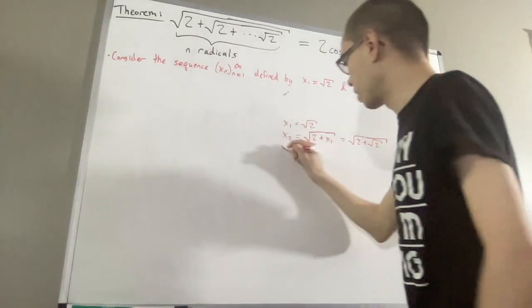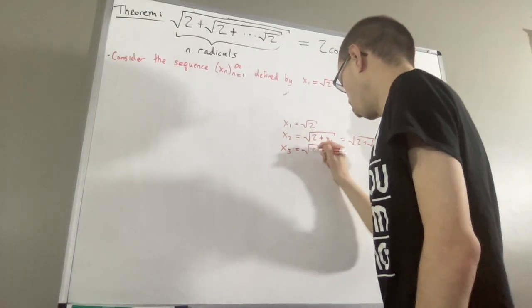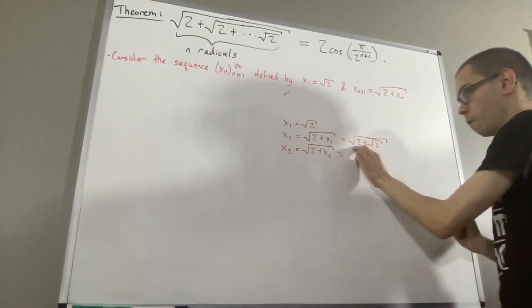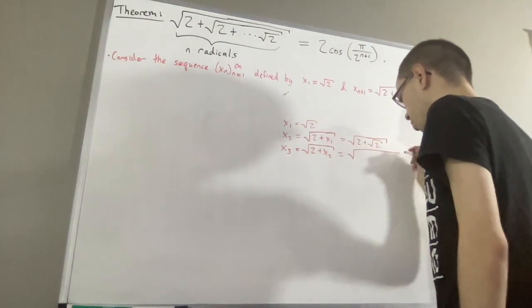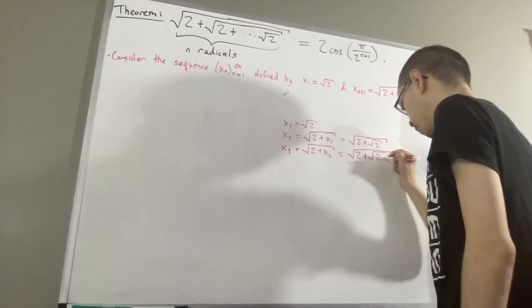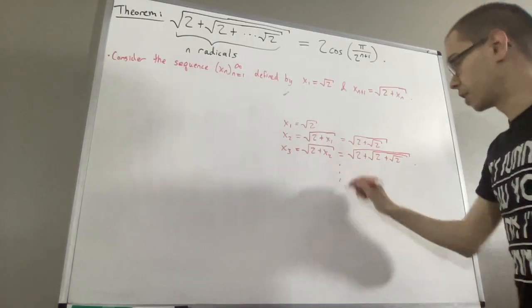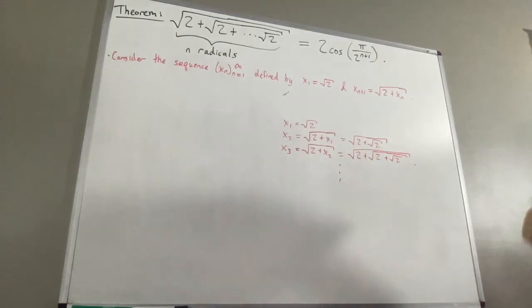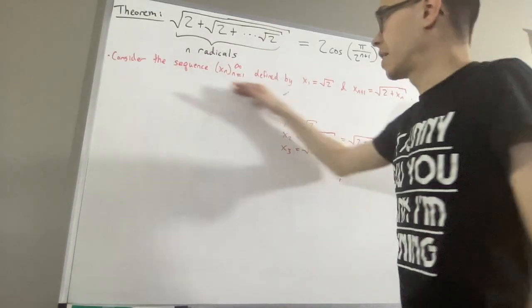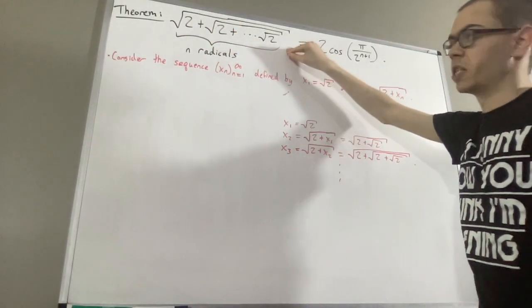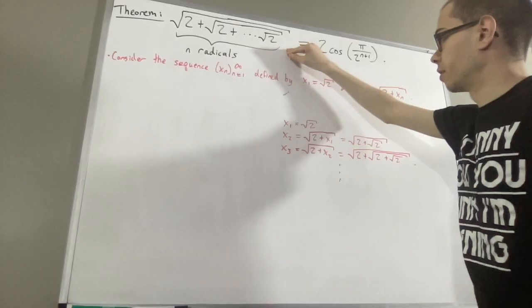If we do the same for x_3, x_3 is the square root of 2 plus x_2. So let's substitute x_2 for what it is. This is just the square root of 2 plus the square root of 2 plus the square root of 2. That's it. As you can see, this pattern will continue. So that's how we can phrase what the left-hand side of this equation is saying more precisely.